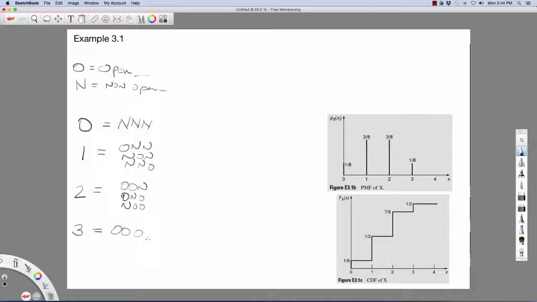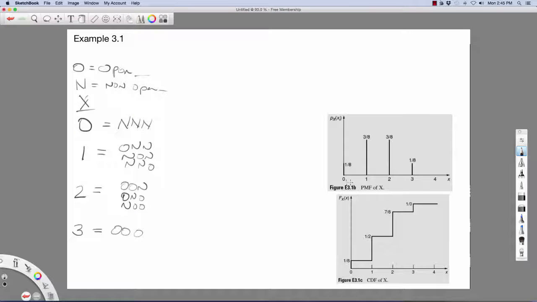So what we want to do here is draw up both the PMF and the CDF. Because this is a discrete problem, we have a PMF, a probability mass function, that is defined by our random variable x. So this is going to be our random variable x, and we're going to plot it versus the probability for each of those individual outcomes.